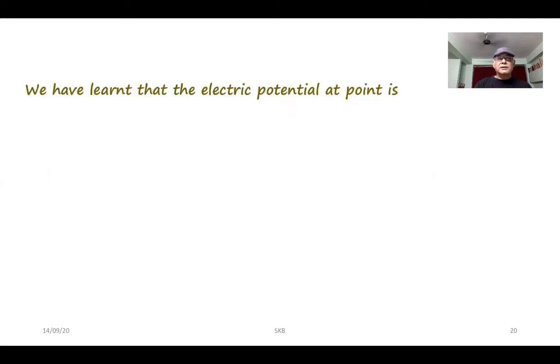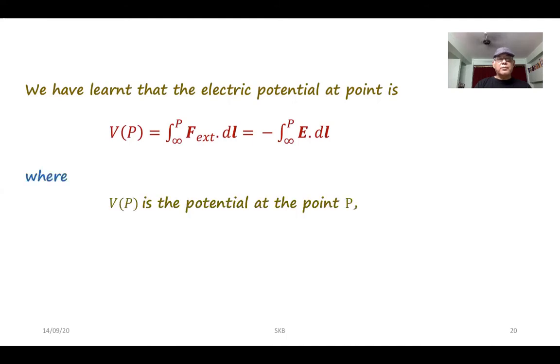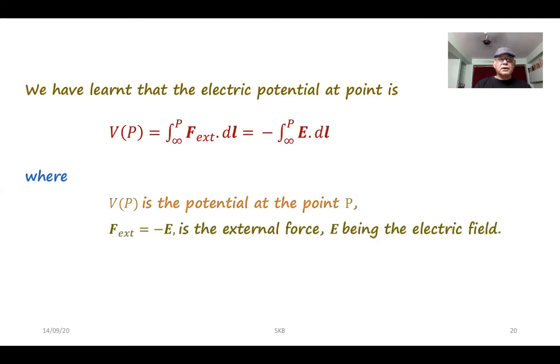We have learned that the electric potential at a point is V_P equal to integration infinity to P F external dot dl equal to minus integration infinity to P E dot dl, where V_P is the potential at the point P, F external equal to minus E is the external force, E being the electric field, dl is an element of displacement.